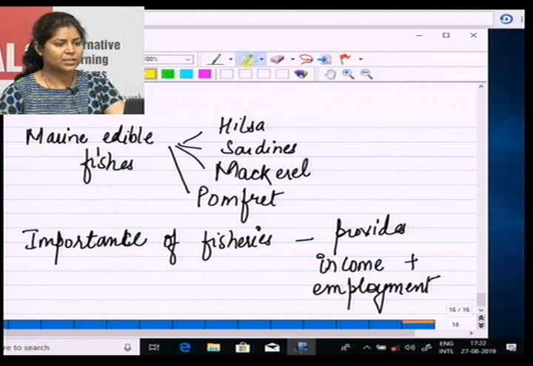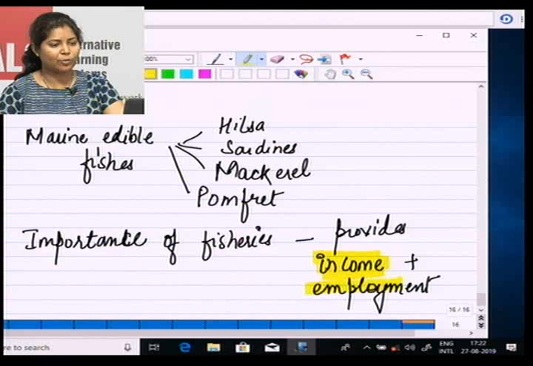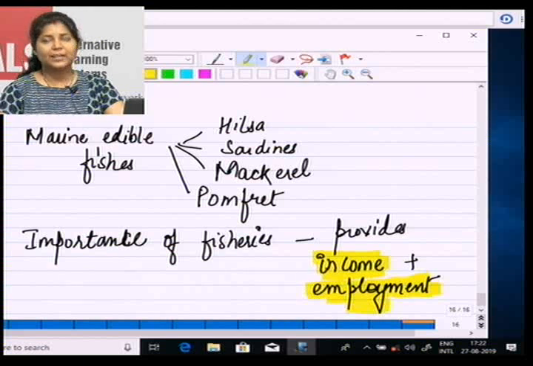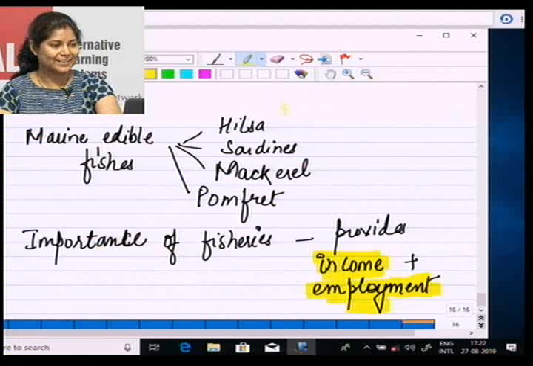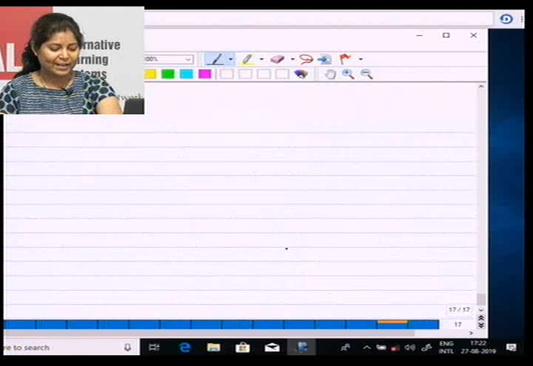It is about income. If I want to have a good income, this is a very good source of money. Is it? Yes, it is. And employment as well.